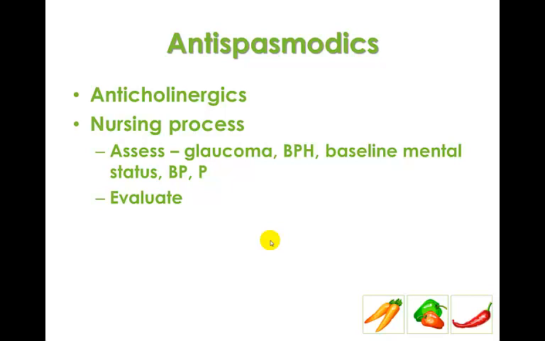However, as you know, anticholinergics don't just affect the GI. They're going to cause tachycardia and changes in pupillary response, but we might use them to decrease peristalsis, which might be useful for diarrhea.